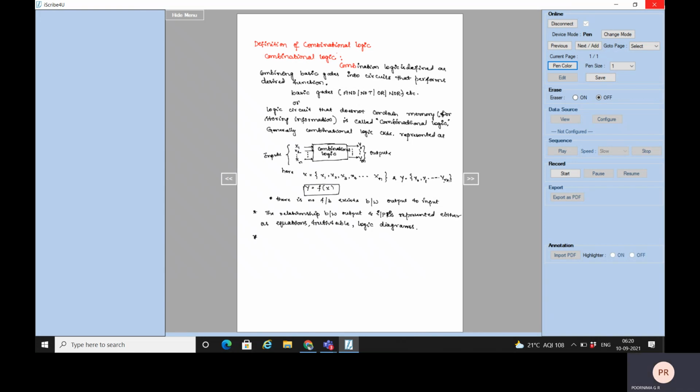So whatever it is, either equation you take or truth table you take or logic diagram you take, it will have the inputs as well as the outputs.